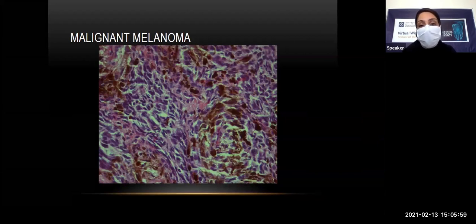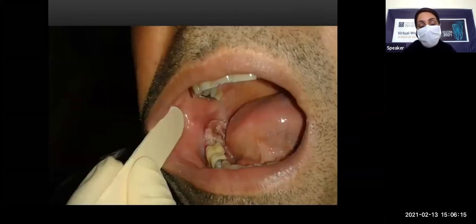And after ancillary study for melanoma, we confirmed the diagnosis of malignant melanoma. You will agree that the lesion and the features of the patient are very important when we think about the differential diagnosis, and it's very important that we should be aware of this.